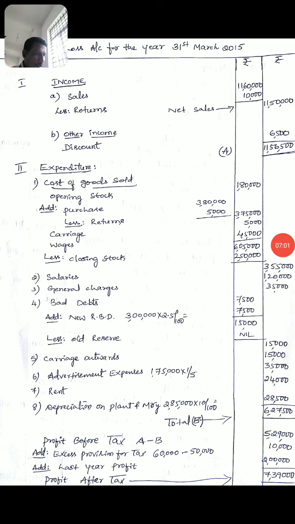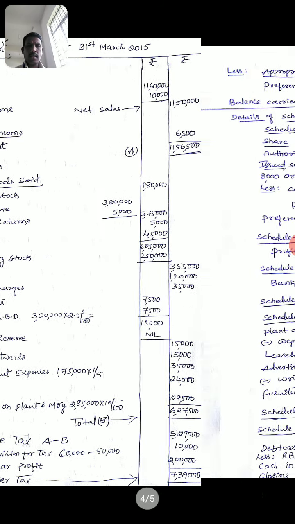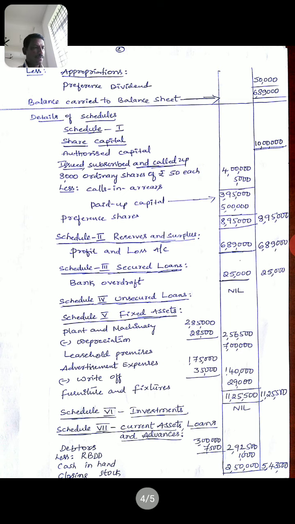Add last year's profit. In the problem itself they have given the profit and loss account for the year 31st March 2014 of rupees 2 lakh. So the total profit after tax is 7,39,000.